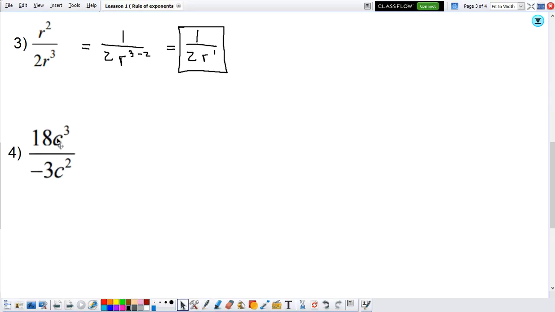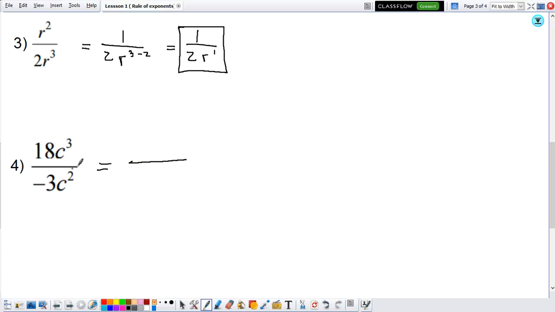And lastly, example 4. See if you can simplify the numbers. So I always like to just start with the division sign. Now let's concentrate on the numbers. 18 divided by minus 3, so that's minus 6 on the top because that's where the highest number is located. And now we have c to the third divided by c to the second.